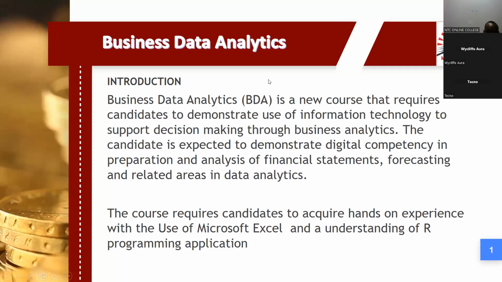So thank you. My name is Wycliffe Mutuli. I'm a specialist in this area of data analytics. And I believe as you'll be taking this course, you are going to learn more. I also want to emphasize what my colleague has mentioned, that this is a new course that KASNEB has introduced.